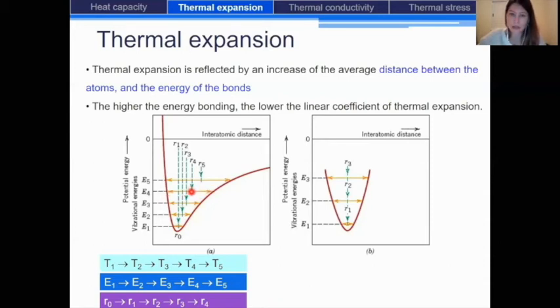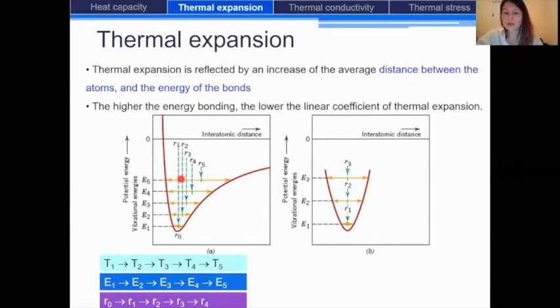So this will be the average interatomic distance at this temperature T4. Here we show that when we heat the material, we have an increase of the vibrational energy, and so an increase of the interatomic distance in this material. And this variation will depend on the shape of this potential energy versus interatomic distance curve.